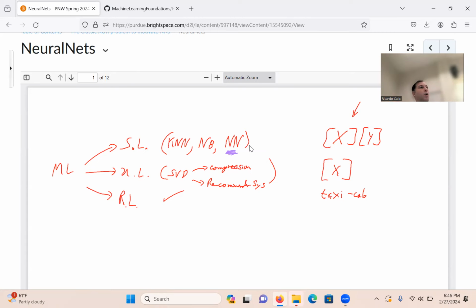Now you already know one thing probably from your stats class, which is linear regression, right? We're actually going to start with those 2 fundamental things, the perceptron and linear regression, which is like a neural network, believe it or not.